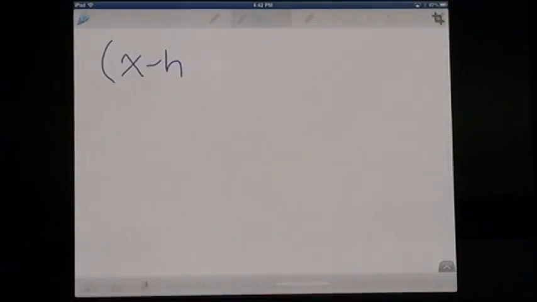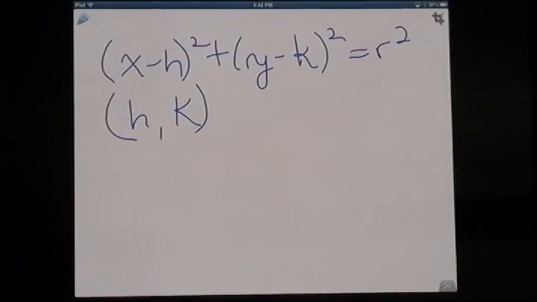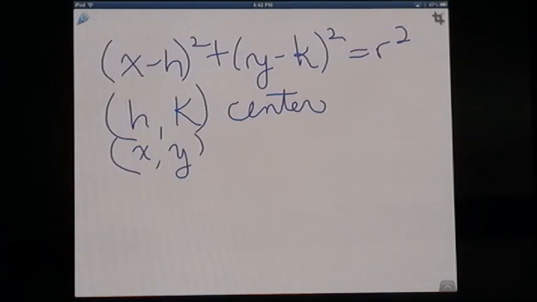Okay, remember that the circle is x minus h squared plus y minus k squared equals r squared, where h, k is the center of the circle. So that's kind of like it coincides with x and y for the center of the circle.